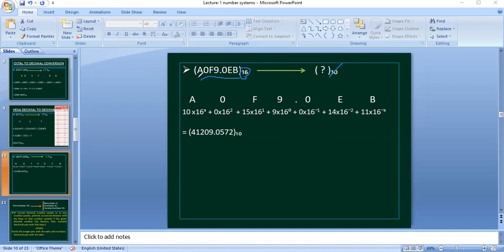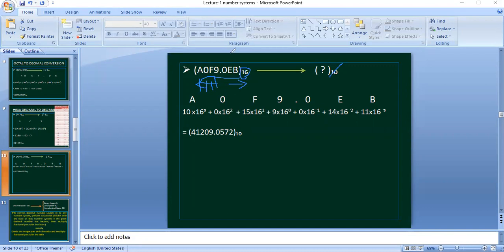But in this number, we have both integer part and fractional part. For the integer part, you have to consider from right to left with positive powers which start with 0, means 9 into 16 power 0, F into 16 power 1, 0 into 16 power 2, A into 16 power 3, like that.